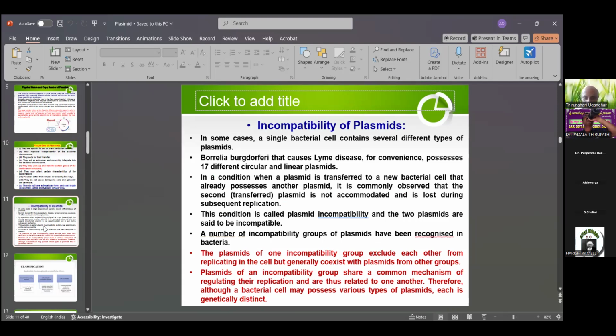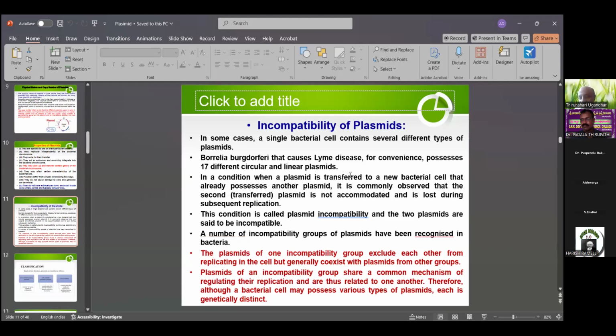Then in some cases, a single bacterial cell contains several different types of plasmids. So Borrelia burgdorferi, which causes Lyme disease, for convenience possesses 17 different circular and linear plasmids.